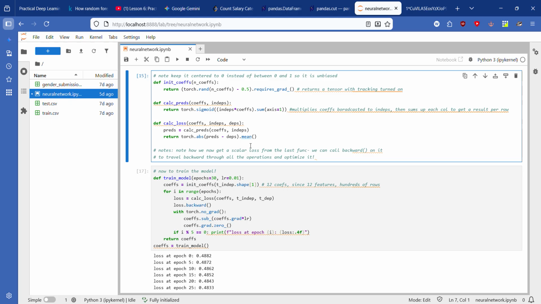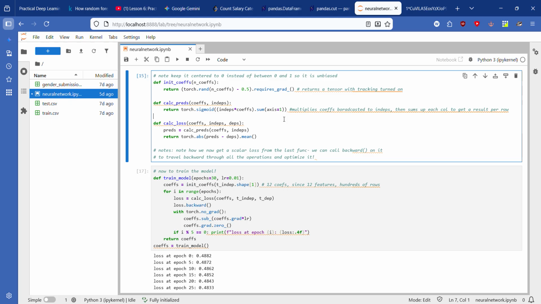By multiplying these coefficients, we're going to multiply these random numbers by all of the numbers in our independent variable matrix. And then along axis 1, which is the rows, I believe. No, sorry, axis 1 is the columns.